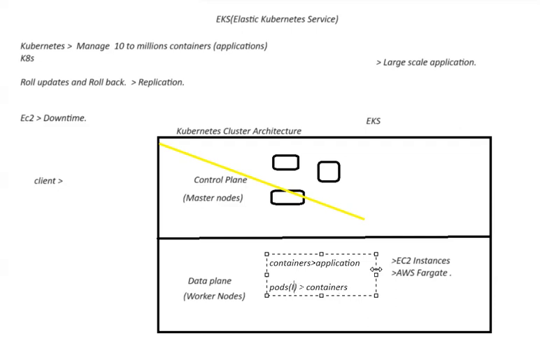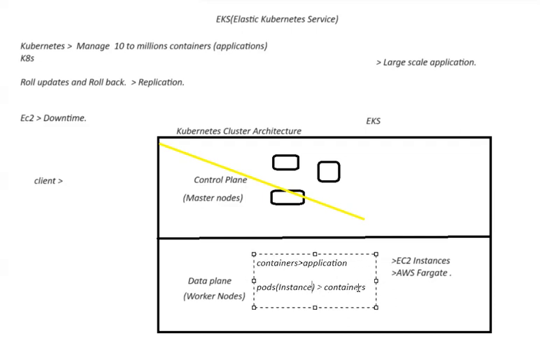So we call an instance a pod. Can a single instance create only one container? No. By using a single instance, you can create one or more containers. So in a single pod, you can create one or more containers.